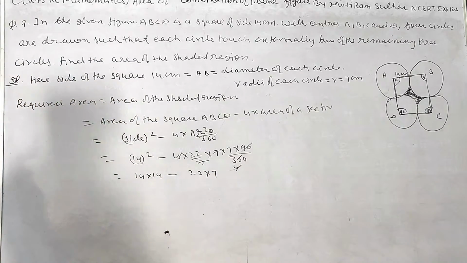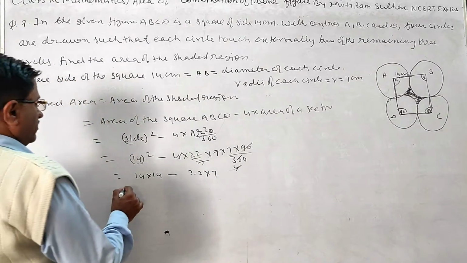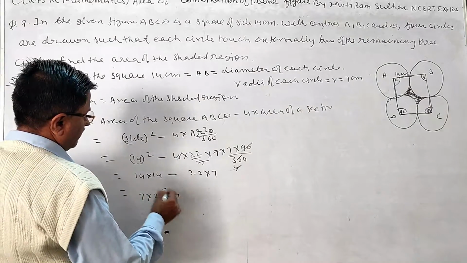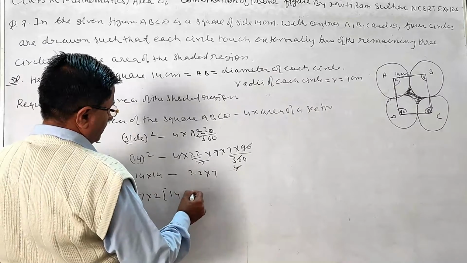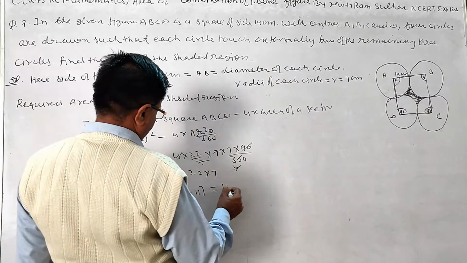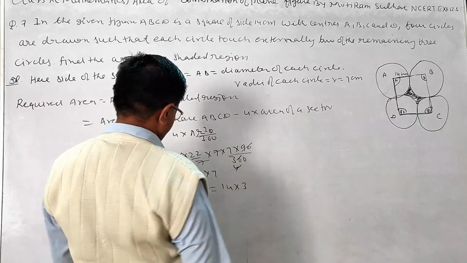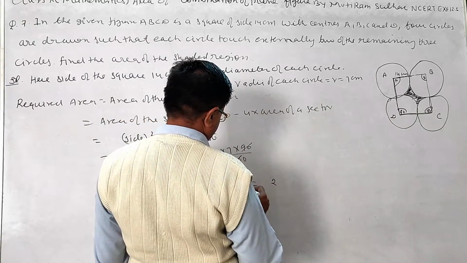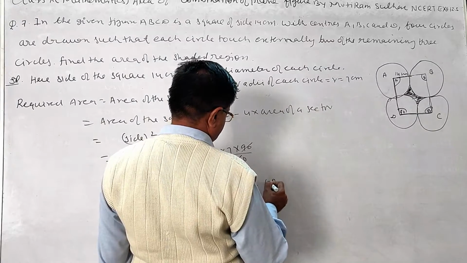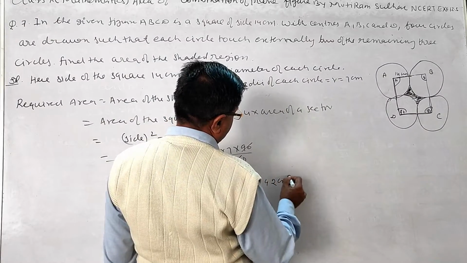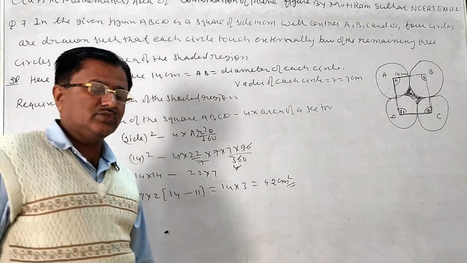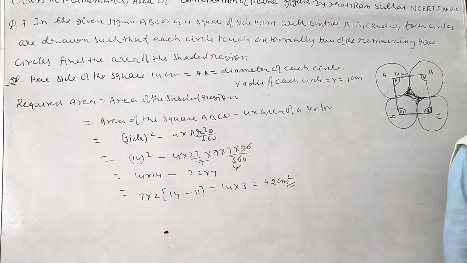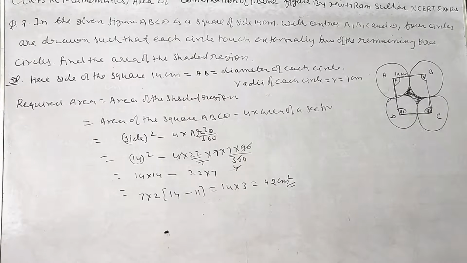Only left 22 into 7. So here you can take common 7 into 2. So left here 14, 2 here 11 left. So 14 into 3, 14 minus 11 is 3. So this is 42 centimeter square. So dear student, in this way you can find the area of the shaded region.